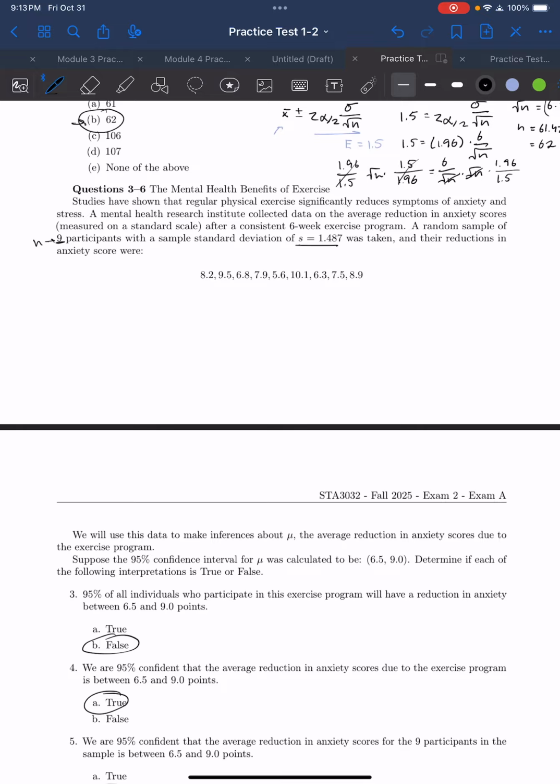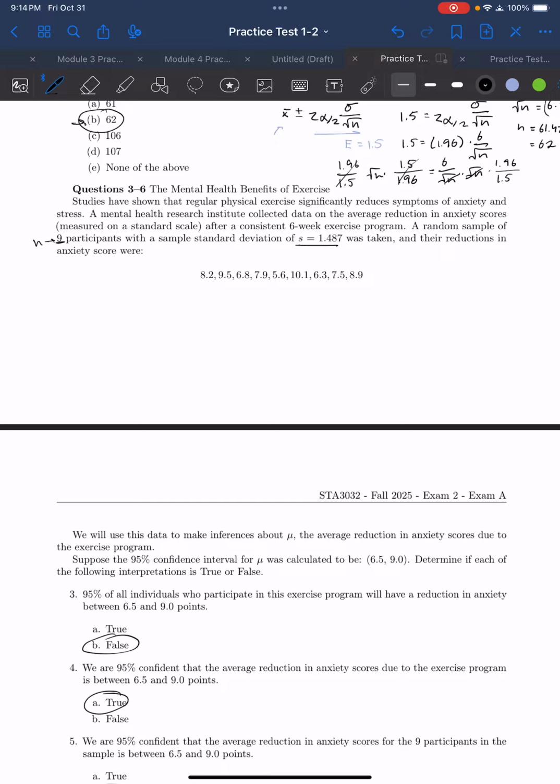Okay, so we have 8.2, and then 9.5, and then we have 6.8, 7.9, 5.6, 10.1, 6.3, 7.5, and 8.9.